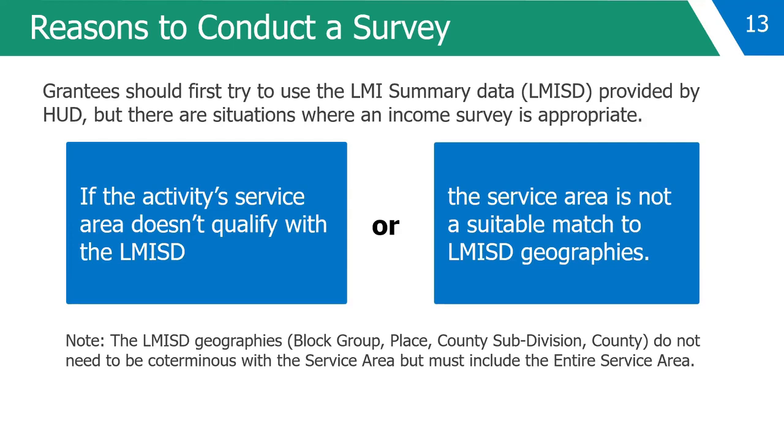Finally, a survey may be appropriate if the LMISD margin of error data does not provide an expanded range for compliance with the area benefit LMI criterion. So if a service area of 50% LMI with a 2% margin of error would not qualify as an area benefit activity using the LMISD, that's an example where you only have 50% LMI, not 51%, but you can use that margin of error to decide if you think that data is reasonable or if you want to conduct a survey.